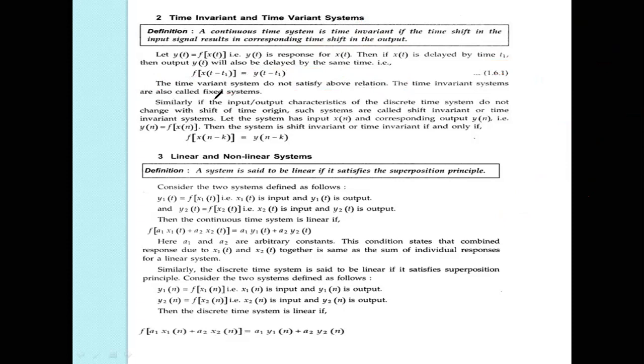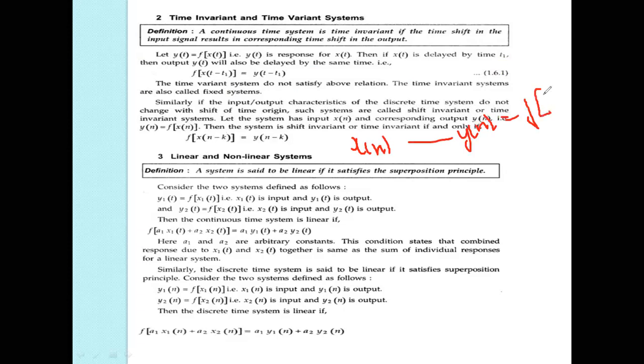Similarly, the input and output characteristics of a discrete time system do not change with the shift of the time origin. Such systems are called shift invariant or time invariant. In discrete terms, the input is x of n and the output is y of n.